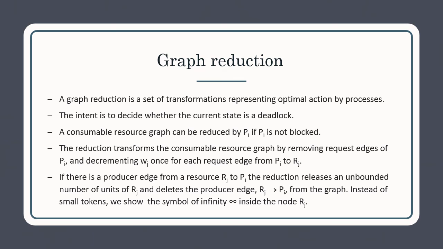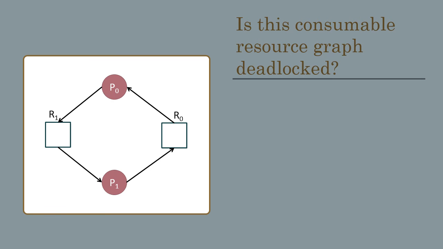If there is a producer edge from a resource Rj to Pi, the reduction releases an unbounded number of units of Rj and deletes the producer edge Rj to Pi from the graph. Instead of small tokens, we show the symbol of infinity inside the node Rj.